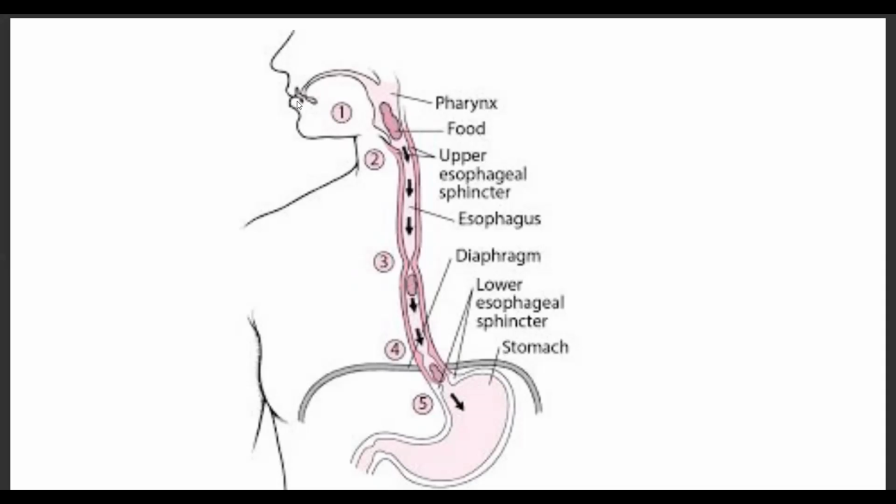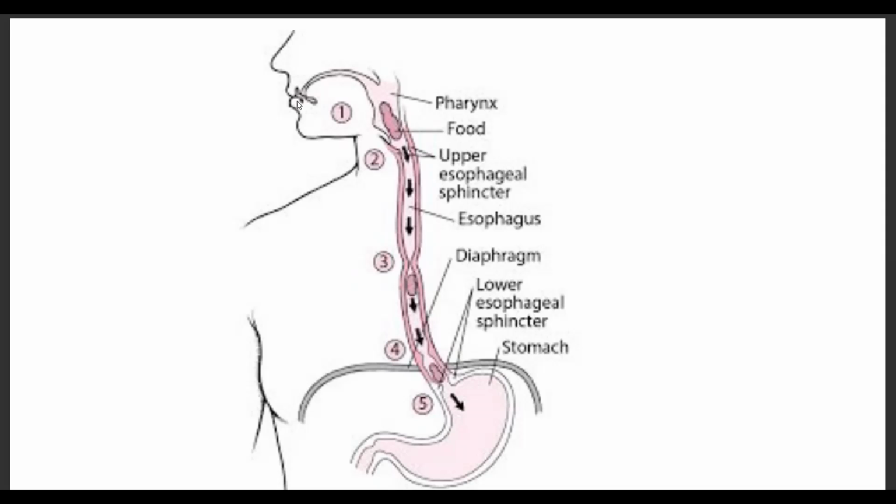Next point, it connects pharynx and the stomach. Next point, esophagus consists of both smooth and skeletal muscles.